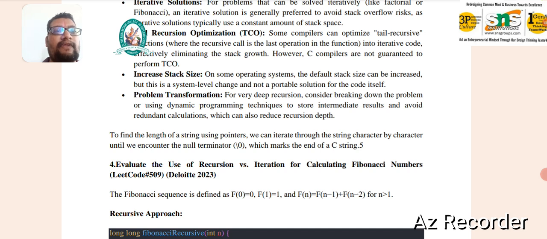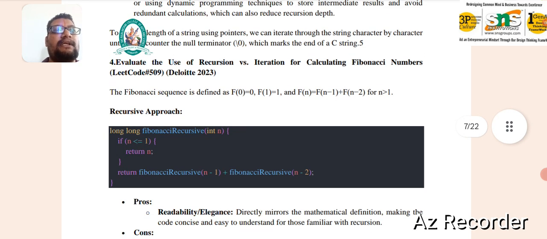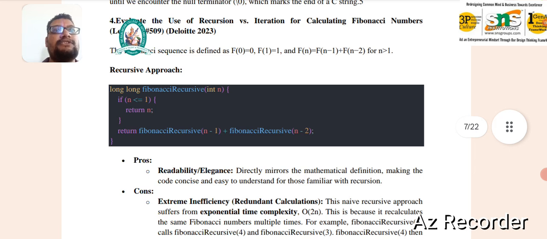For example, here we are going to evaluate recursion versus iteration for calculating the Fibonacci series, which is also placed in LeetCode. The Fibonacci sequence is defined as f of 0 equal to 0 and f of 1 equal to 1, and f of n equal to f of n minus 1 plus f of n minus 2 for n greater than 1.